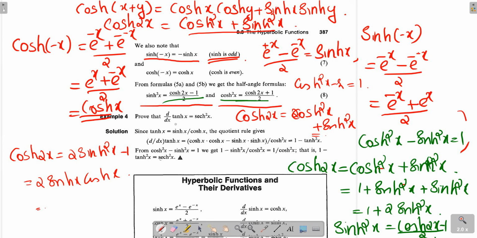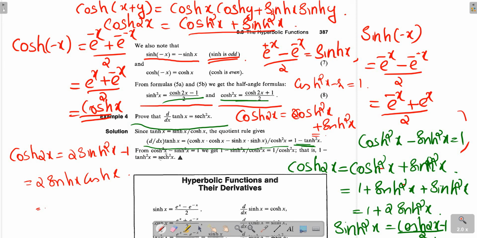Okay, next is the derivative of hyperbolic tan, that's equal to hyperbolic sec square x. We have the hyperbolic tan is equal to sinh x divided by cosh x. By quotient rule, derive this equation. So you will get 1 minus hyperbolic tan square x.